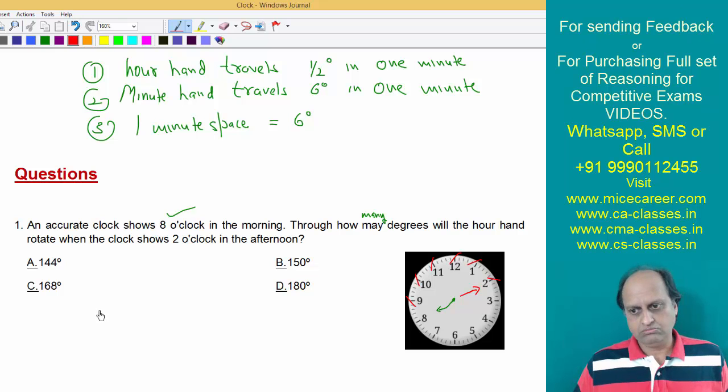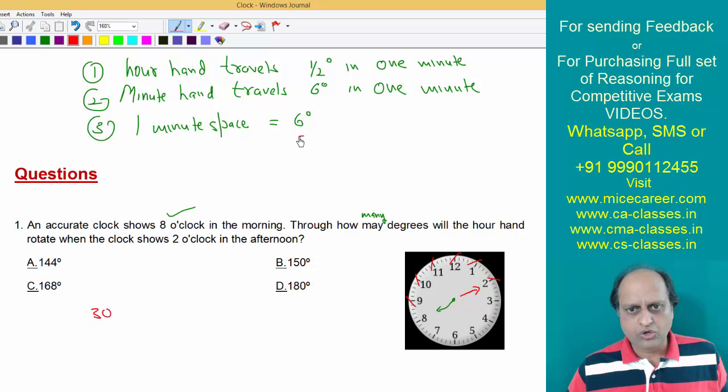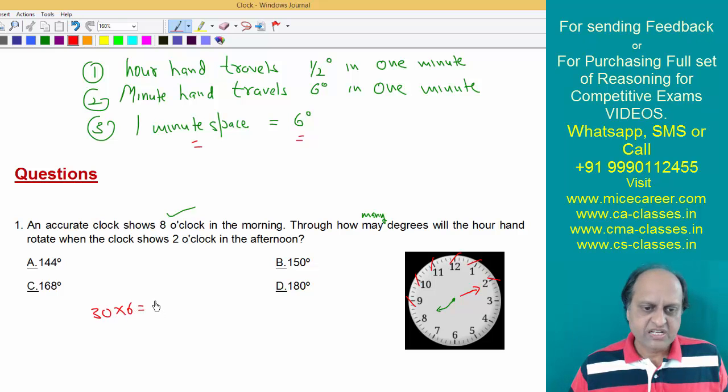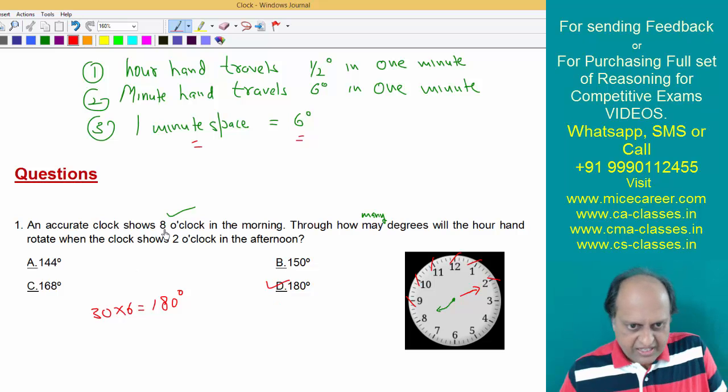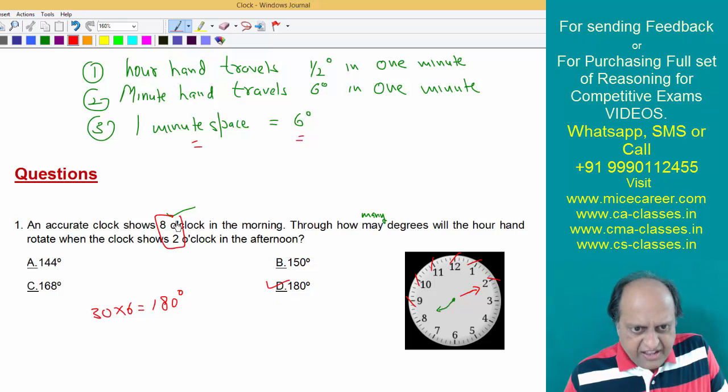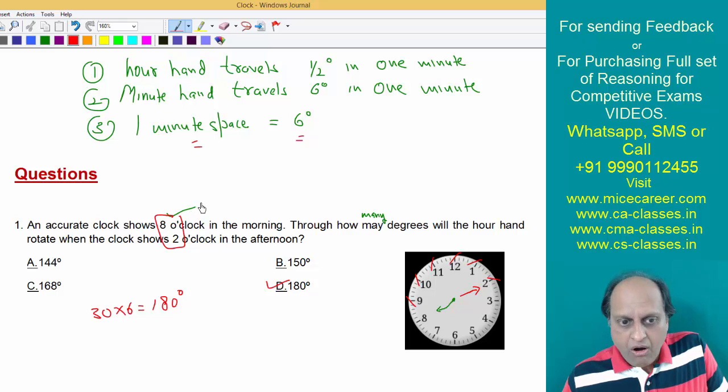Yes or no? So 1 minute space is equal to 6 degree. So 30 minute spaces is equal to 180 degree. This is one way of answering. The second way, the difference between 8 o'clock in the morning and 2 o'clock in the afternoon is 6 hours.